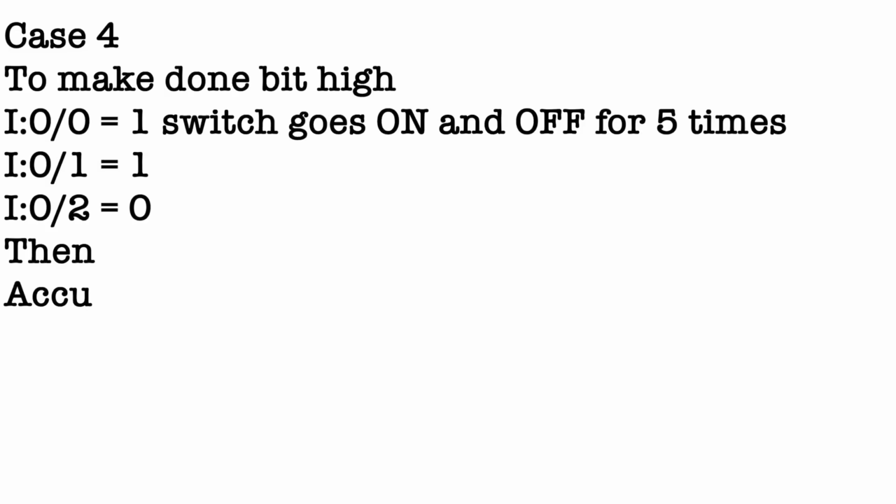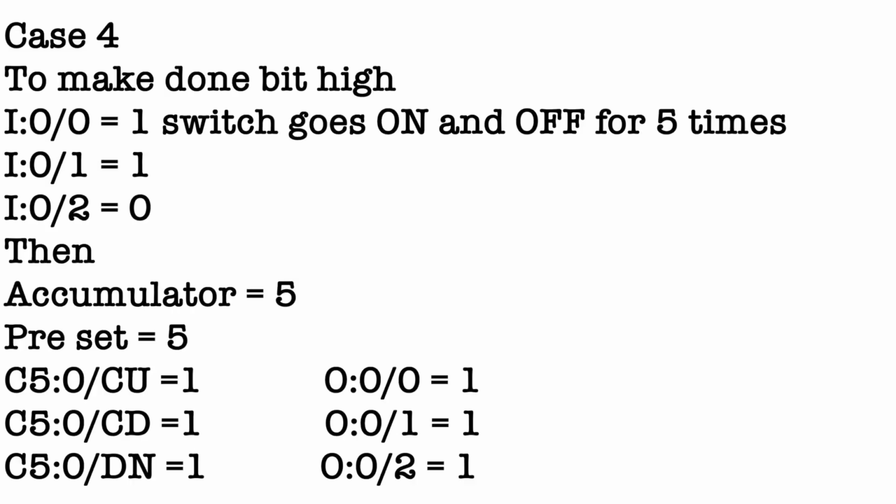The fourth case, to make the done bit high: the first switch, that is I:0/0, switching 5 times, or goes on and off 5 times, then the accumulator value is 5 and the preset value is 1.